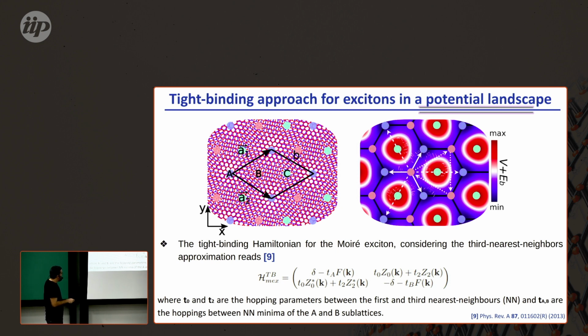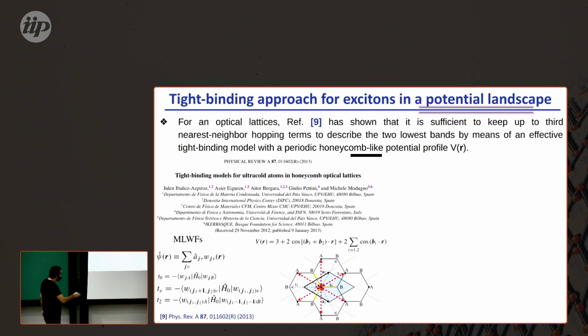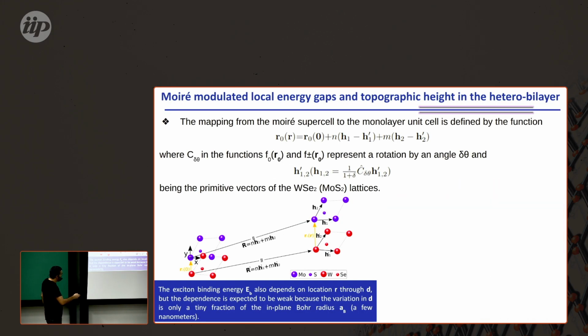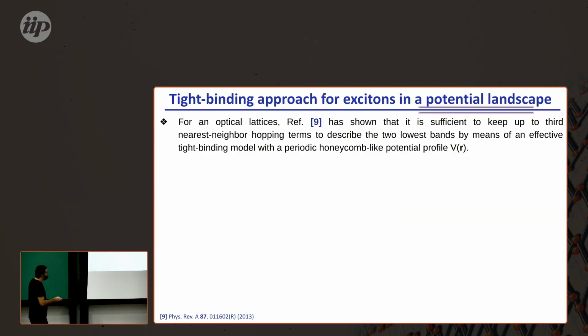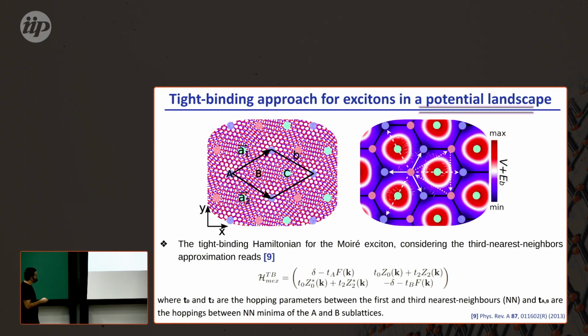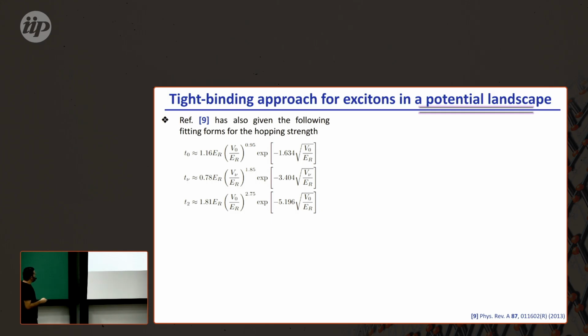Where this T naught and T2 are the first and third nearest neighbor, and TA and TB are connected to this energy difference with respect to this middle point D. Okay, so this is the function that the size advantage paper gave.